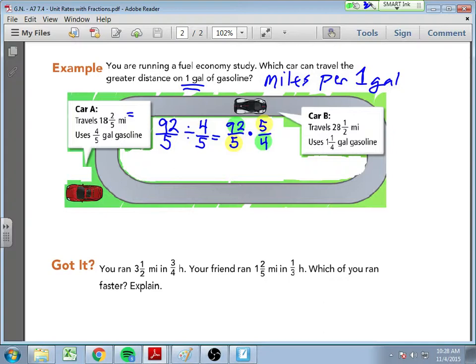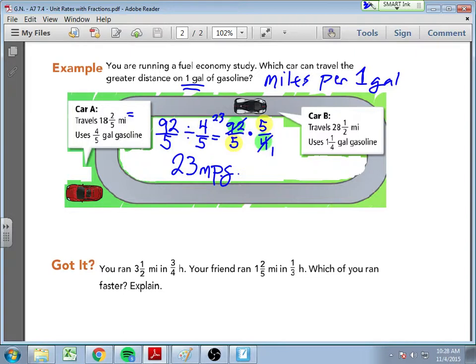Because 80, we know is a multiple of 4. Put 12 more on it. Well, 12 is a multiple of 4. So that'd give me 23, actually. So that becomes 23, and this becomes 1. So I get just 23 miles per gallon.